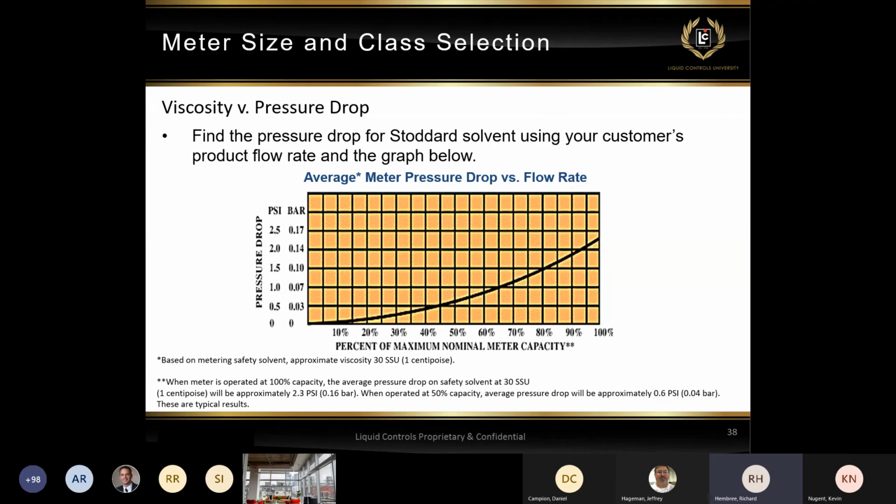When operating at 50%, it stops at about 0.6 psi pressure drop. So the LC meter has a relatively low pressure drop across the meter.